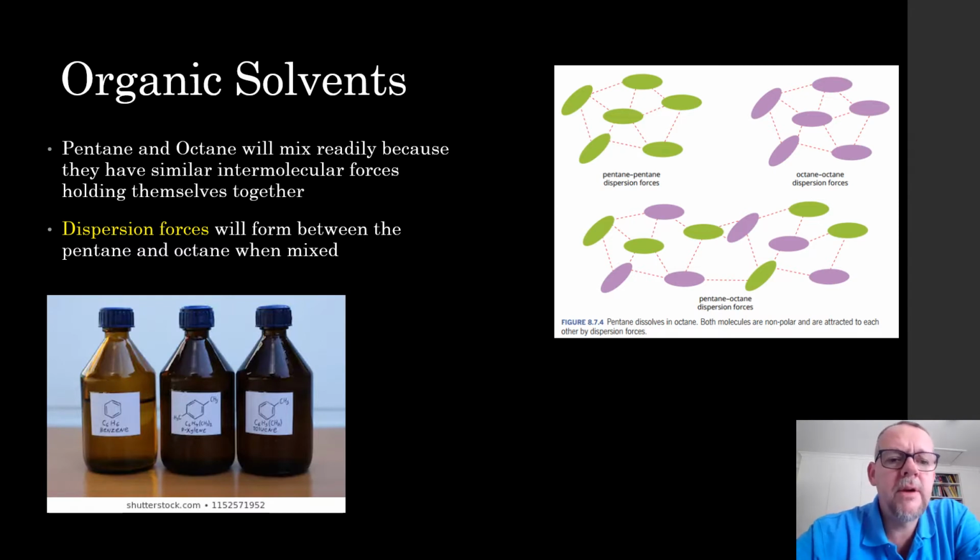So if I think about organic solvents, something like pentane and octane, they're going to readily mix because they have those similar intermolecular forces holding themselves together, and they are, of course, dispersion forces. And so pentane and octane will readily mix because they are both held together by dispersion forces.